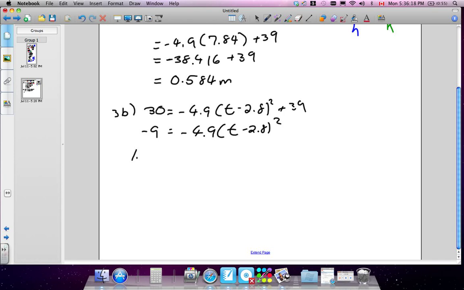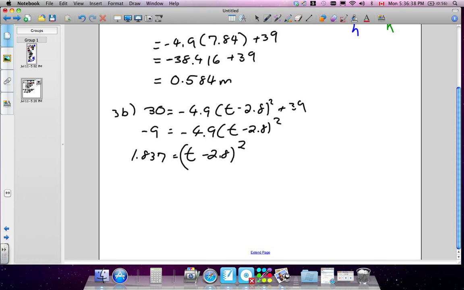Because it's negative, what did you get? You got positive 1.837, so that's negative 9 divided by negative 4.9. 1.837 is equal to t minus 2.8 squared.